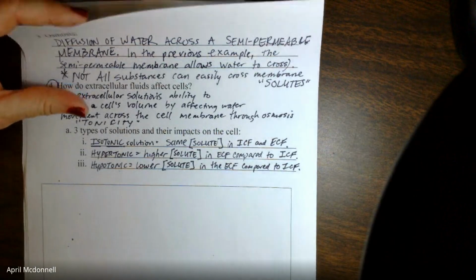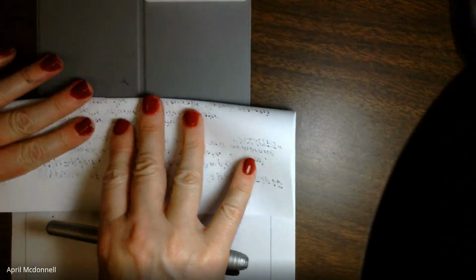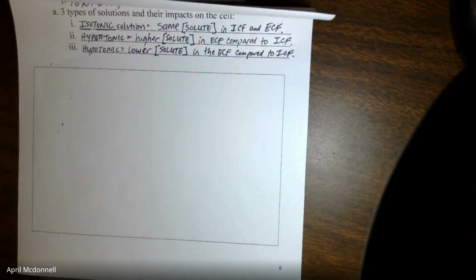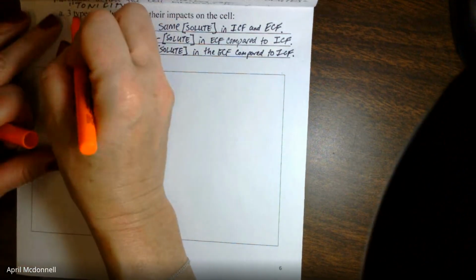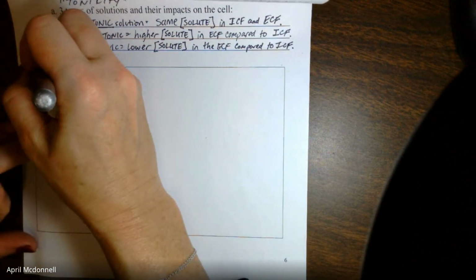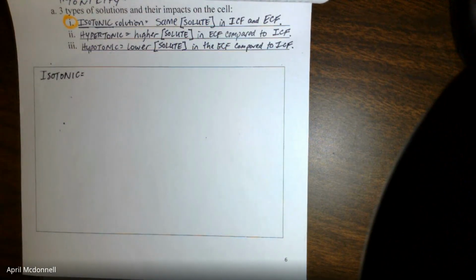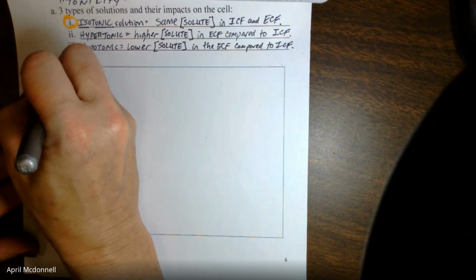In order to understand this better, I am going to include a picture. The picture is for the first one, the isotonic solution. The term iso means same.